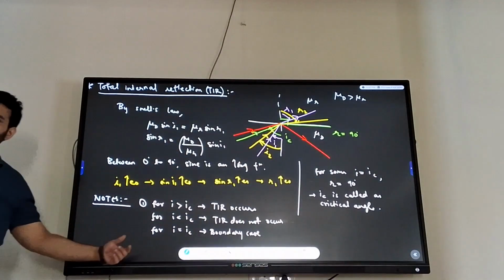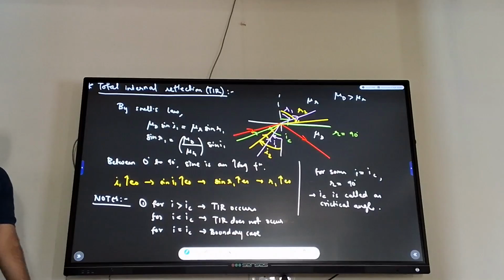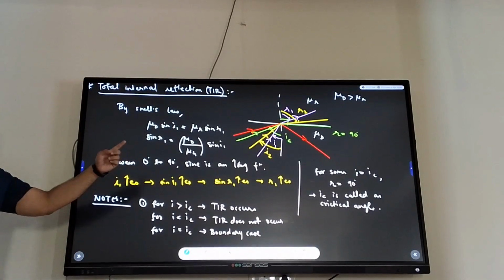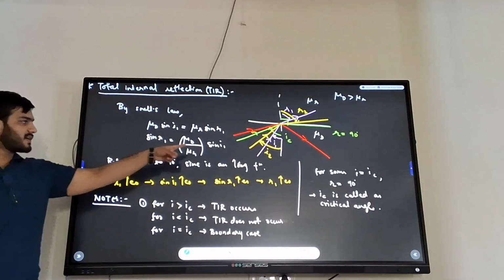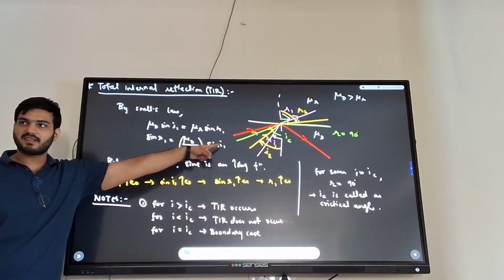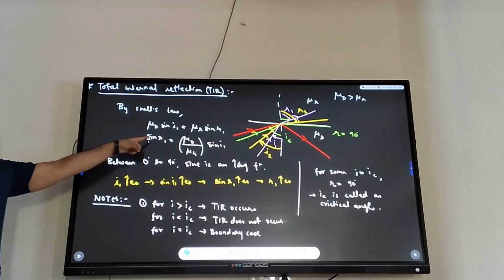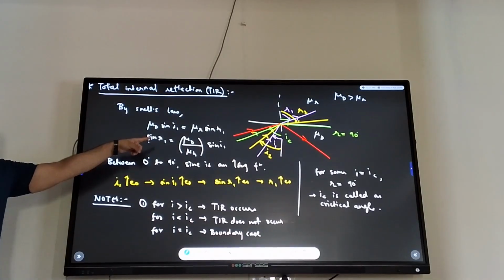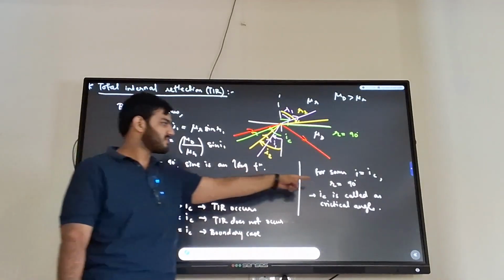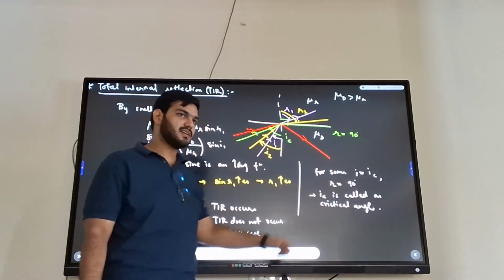How can you calculate that IC? What does this IC depend on? Let's try to find it by Snell's law. If I write I1 as IC, then what is my R? I just wrote it. If my I is IC, then my R is 90 degree.